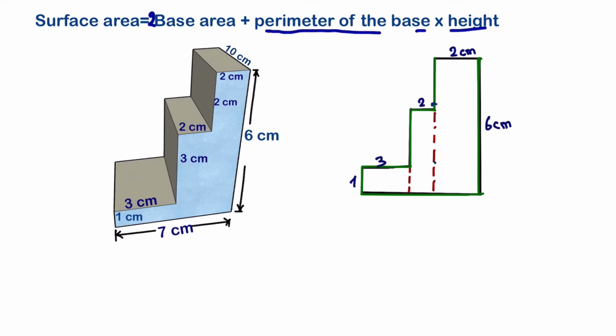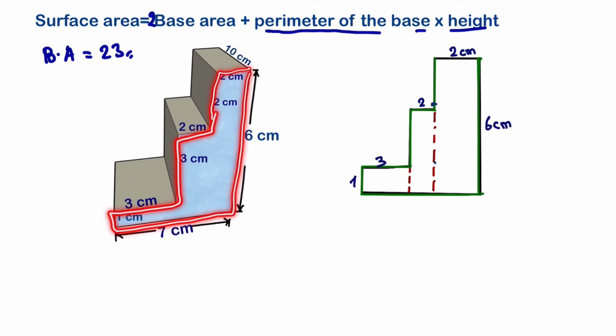We calculated the base area already. The base area gave us 23, so no need to calculate it anymore. What we need to do is to calculate the perimeter of the base, because we know the height.